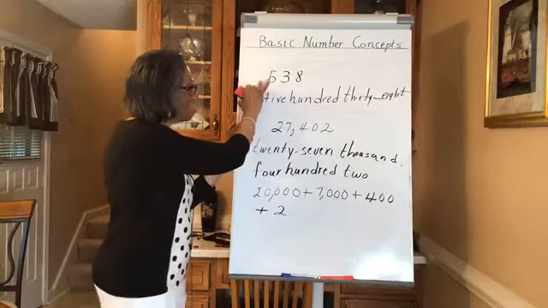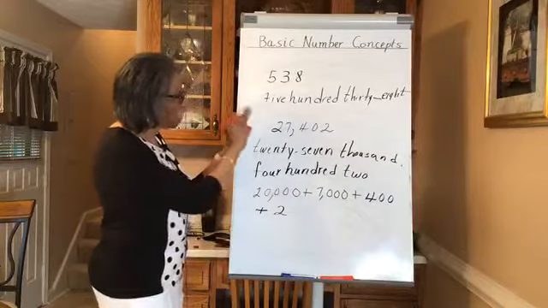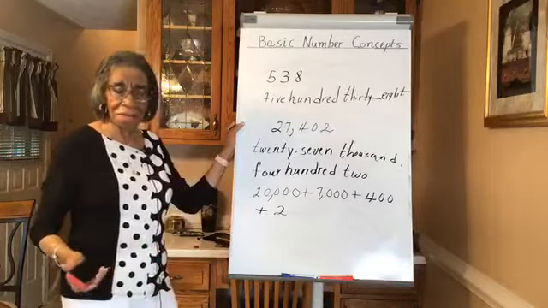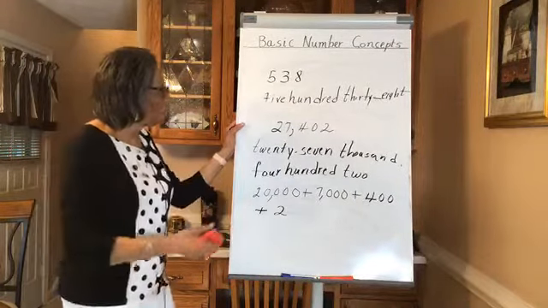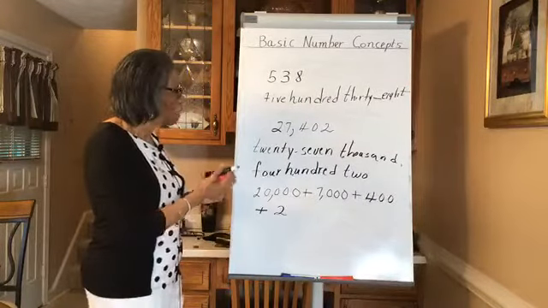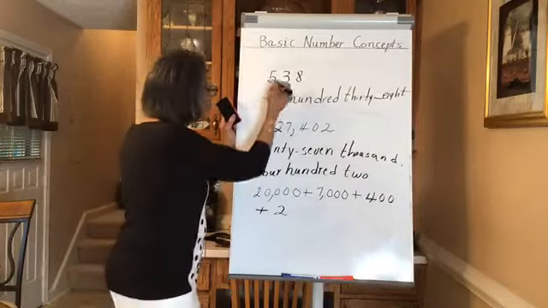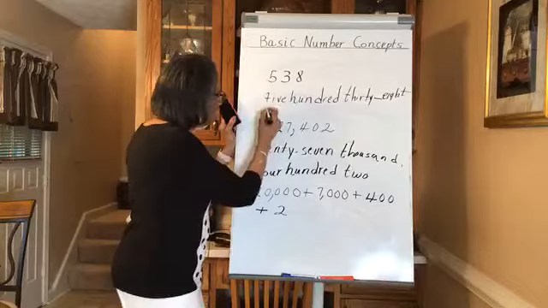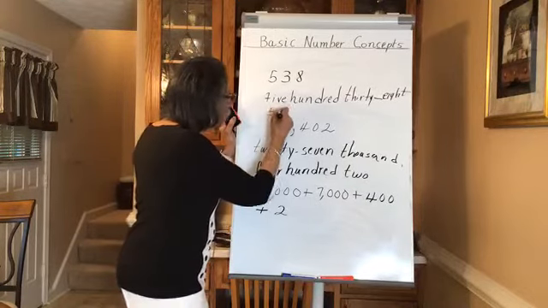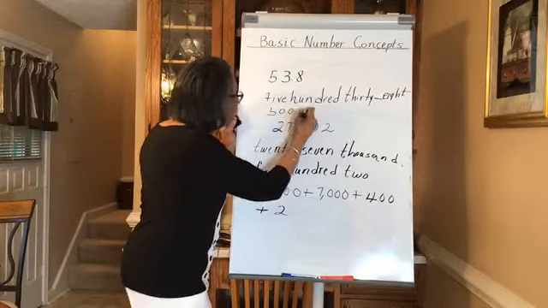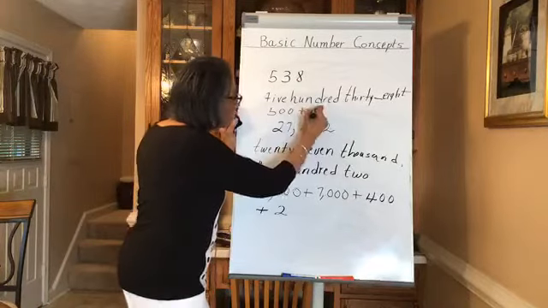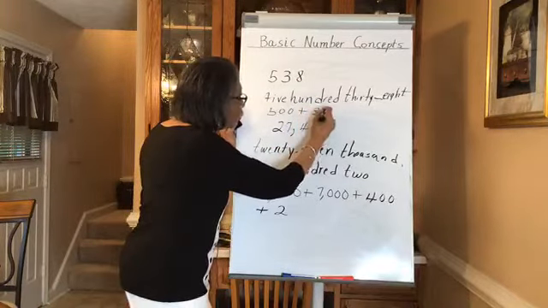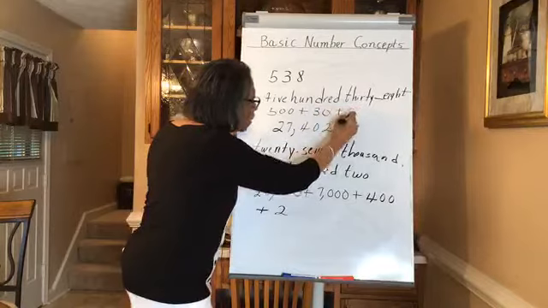Again, this is the standard form. And we did not write the expanded form for that. If we did, that would be 5 in hundreds place. So that's 500 plus a 3 in tens place is 3 tens, which is 30, plus 8.